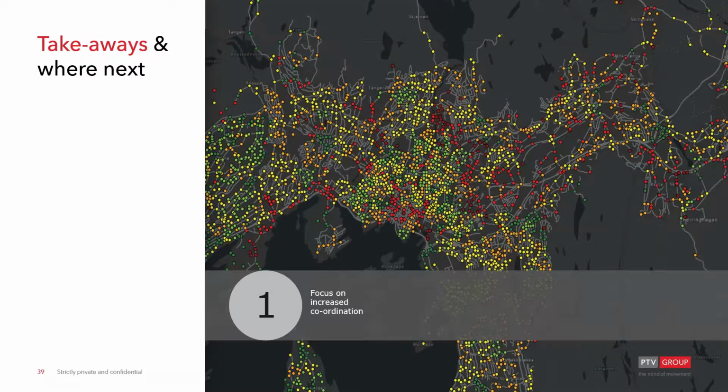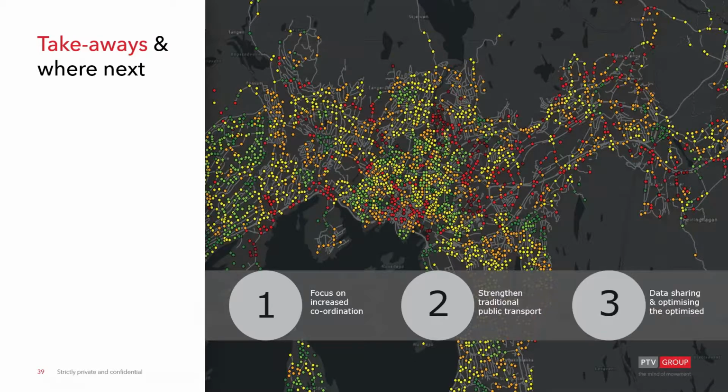They need to work together. Absolutely, we need to strengthen traditional public transport and integrate rideshare with public transport. They have to work together, otherwise they will be competing with each other, and it doesn't really help anybody.